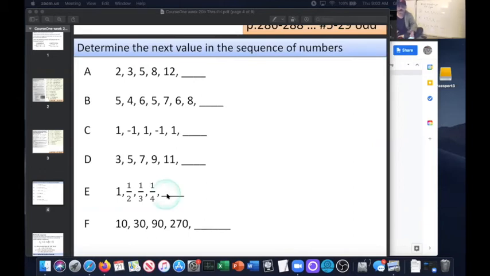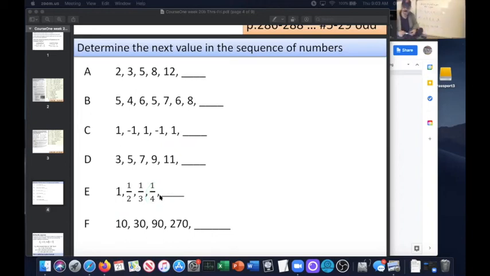Ariel, what do you think the next fraction is? Would it be 1/5? Mm-hmm. Yep. So some patterns, like C and E, are less demanding. So yeah, that would be 1/5.